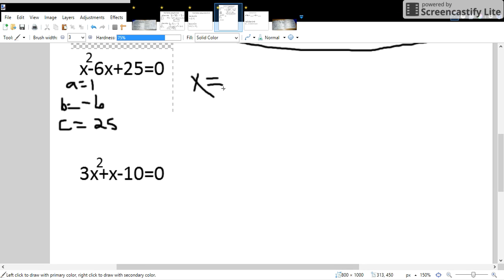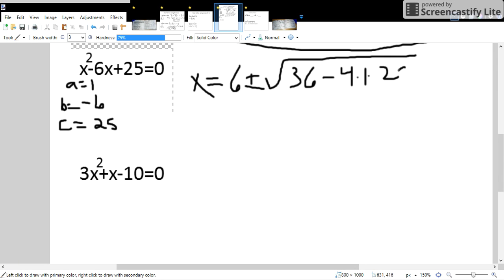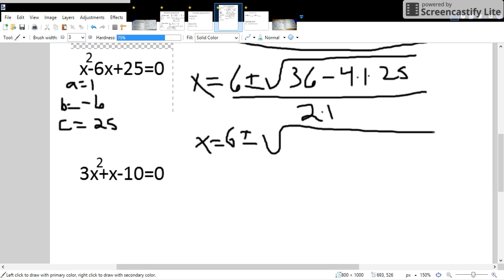You have x equals negative 6, which is a positive 6, plus or minus b squared, which is 36, minus 4 times a times c, and then all over 2a, which is just 2 times 1. So there you have x equals 6 plus or minus square root of 36 minus 100 all over 2.